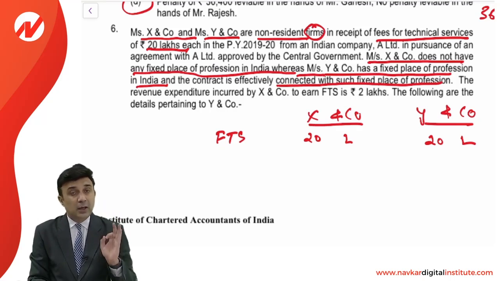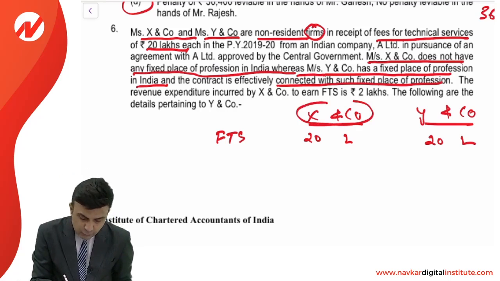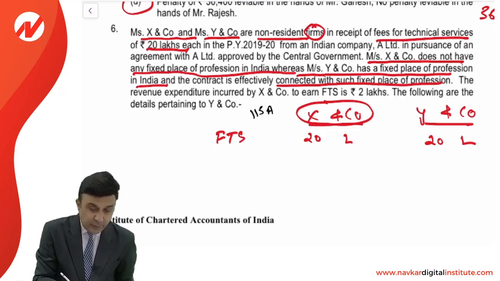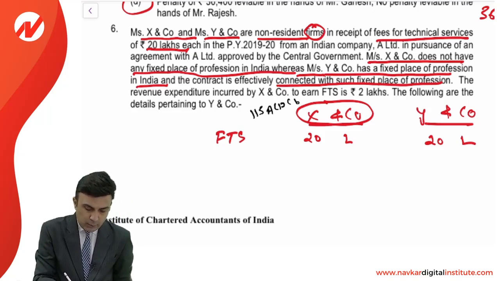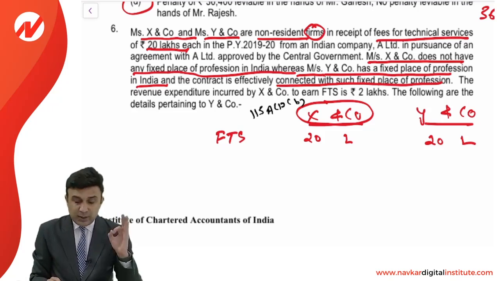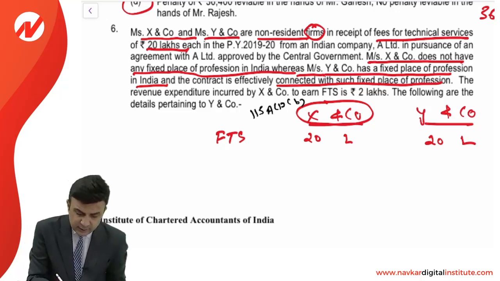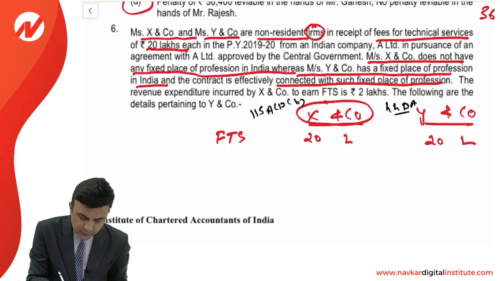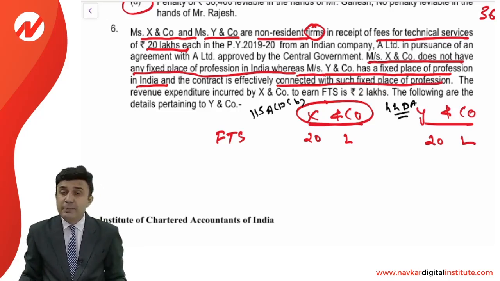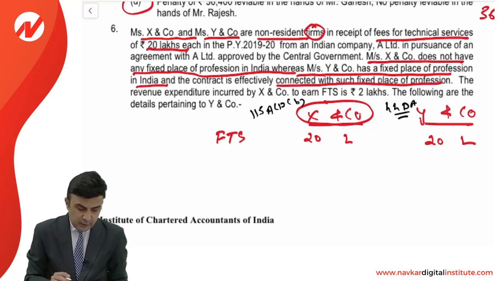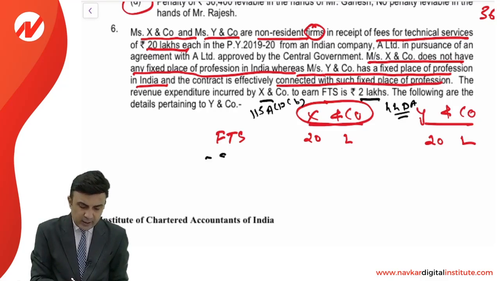Friends, if X doesn't have a fixed place of business in India, X is covered by 115A(1)(b) of the Income Tax Act. But if Y has got a fixed place of business in India and this FTS is connected with that fixed place, section 44DA will be applicable. You are also given that the revenue expenditure incurred by X Limited for FTS is 2 lakh.